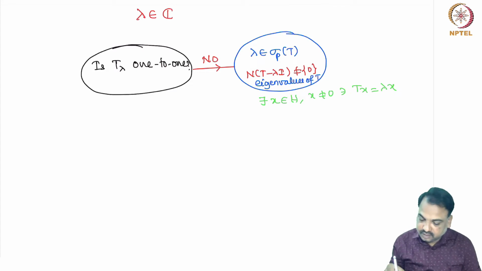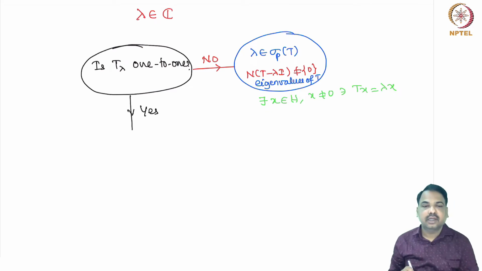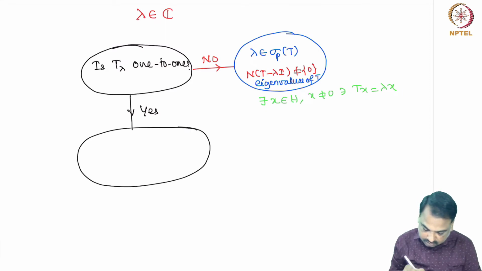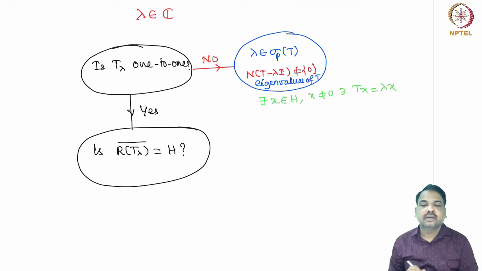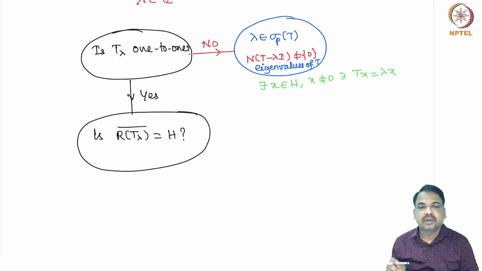Okay. Now suppose the answer is yes, then we can ask the question, is the range of T lambda dense in H? If the answer is no, then again T lambda is not invertible, because T lambda is 1 to 1 but the range of T lambda is not dense, so it cannot be invertible.